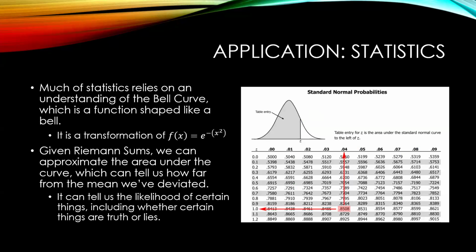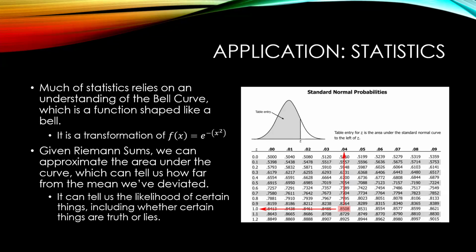We also see this a lot in statistics. And so much of statistics relies on an understanding of the bell curve, which is a function shaped like a bell. It's actually a function transformation of e to the negative x squared. Well, given a Riemann sum, we can approximate the area under the curve, which can tell us how far from the mean we've deviated.